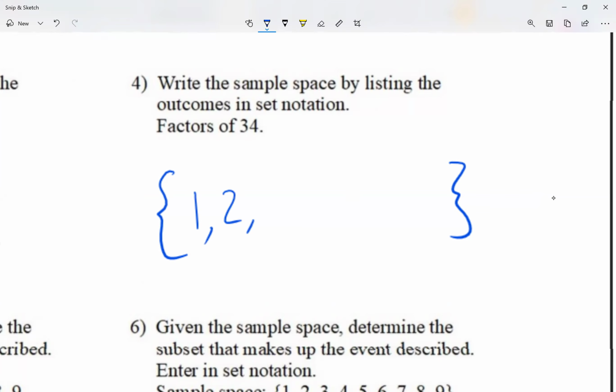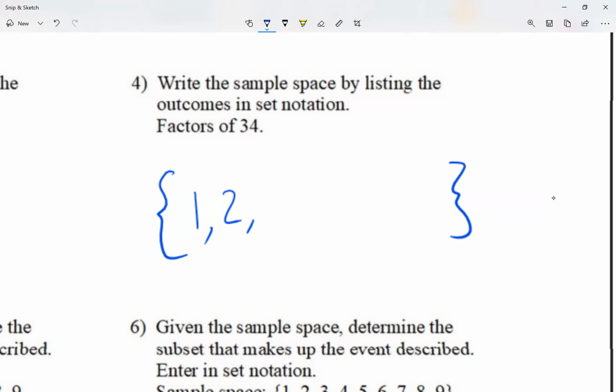34 divided by 3, no, that gives me a decimal. Divided by 4 doesn't work. 5, 6, 7, 8, I keep on trying. I could use my calculator. 34 divided by 3 doesn't work, 34 divided by 4 doesn't work.